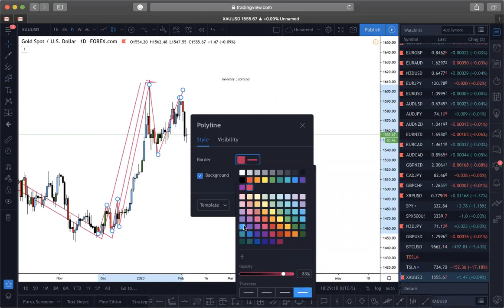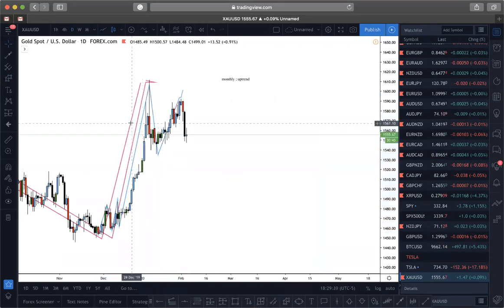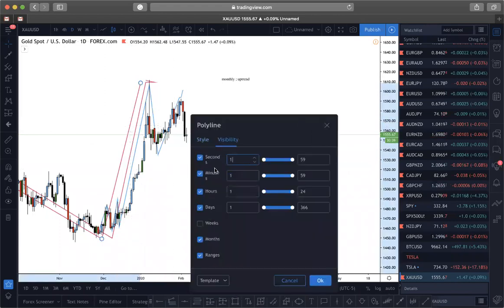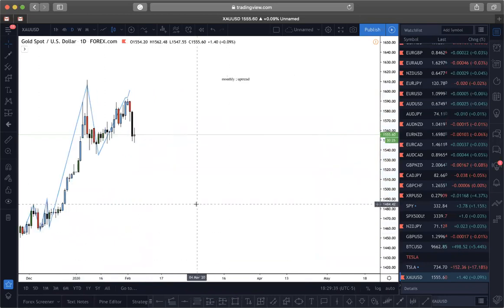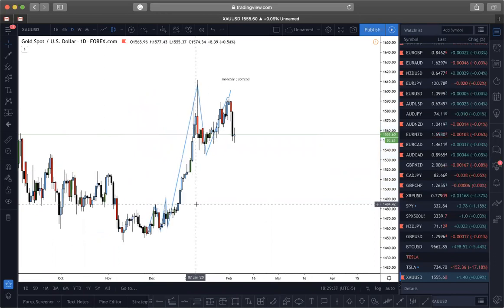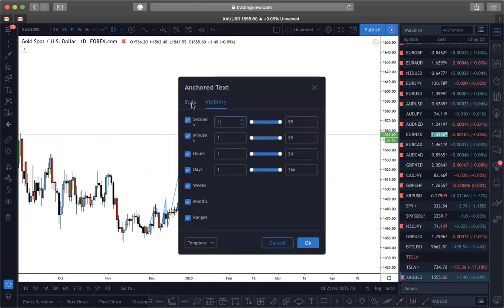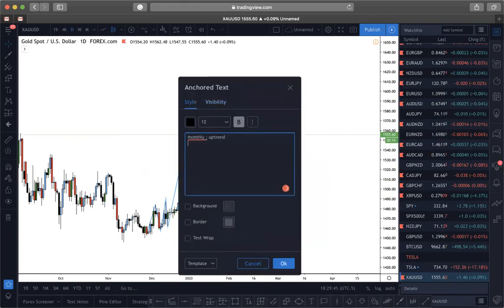Let me change the color to blue. I'm going to hide the monthly lines, right? So as a trader, this is just what you do when you're doing multiple time frame analysis.